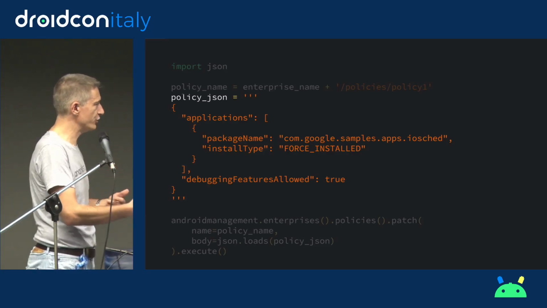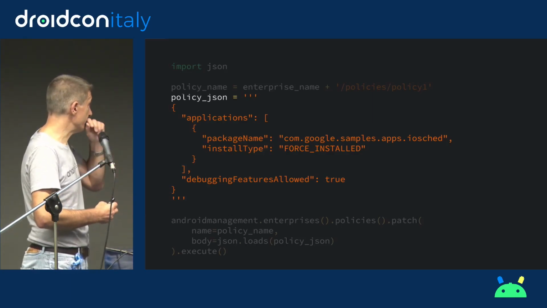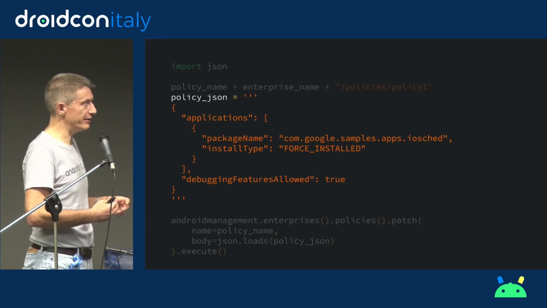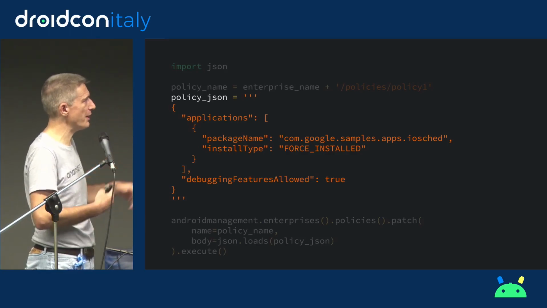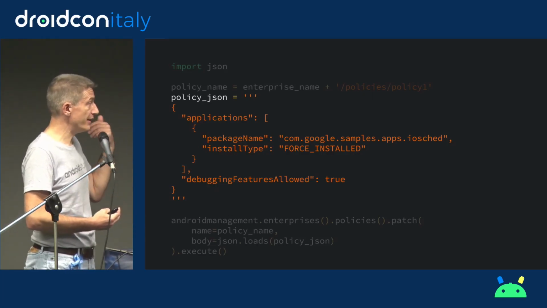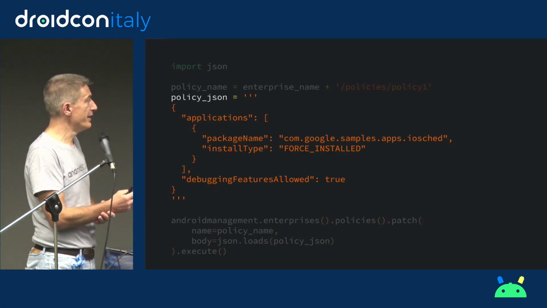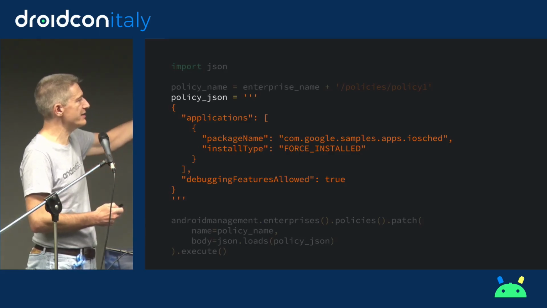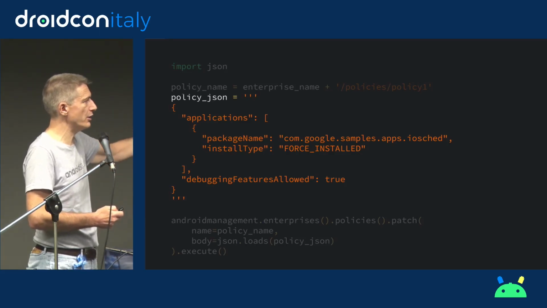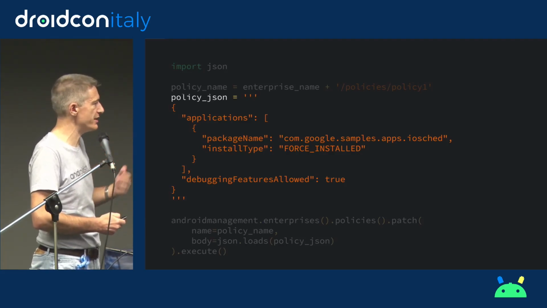There are all the checks that you have the right access to this enterprise and so on. You can set the policy. You can create the policy, send it to the API, and then you can set this policy to a particular device, to a particular user, and so on.